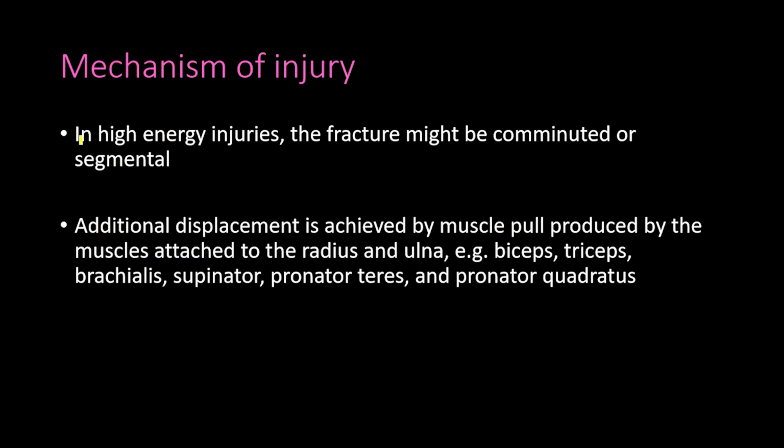In high energy injuries, the fracture might be comminuted or segmental, and additional displacement is achieved by the muscle pulling produced by the muscles attached to the radius and ulna, like the biceps, the triceps, the brachialis, the supinator, the pronator teres, and the pronator quadratus.